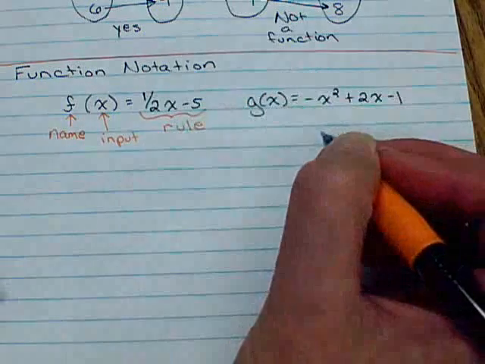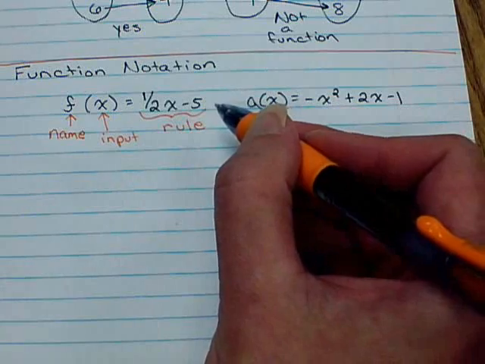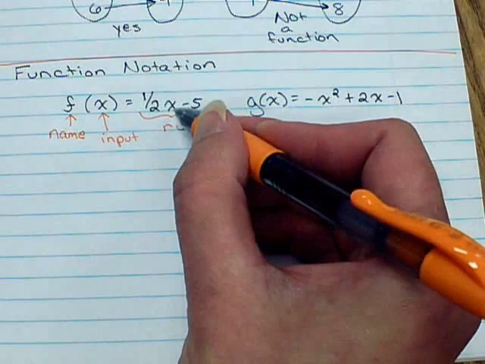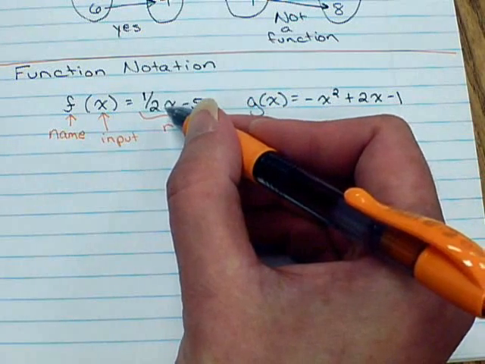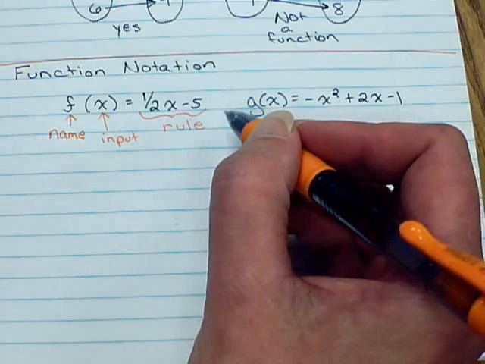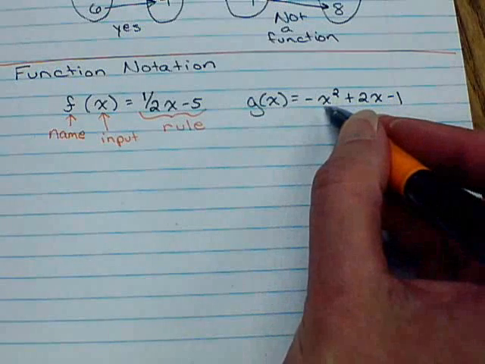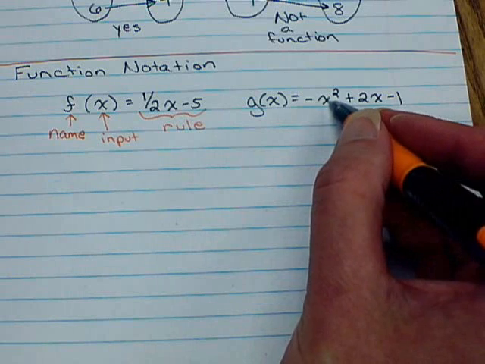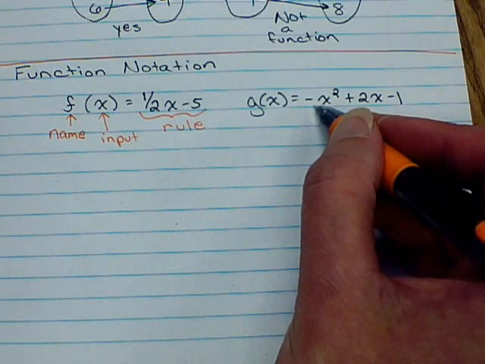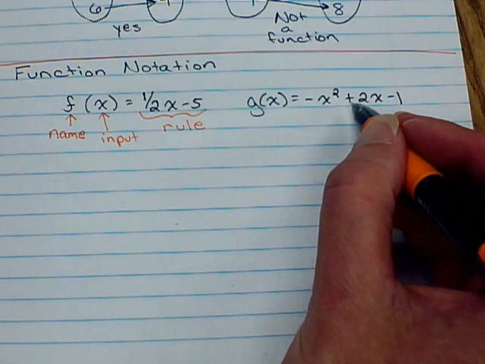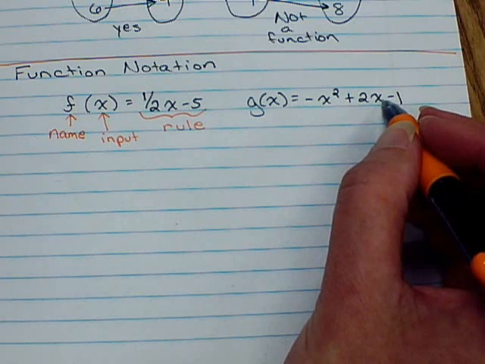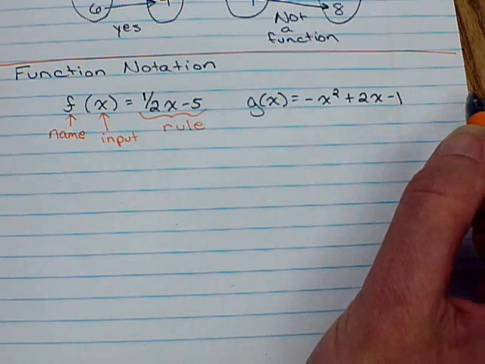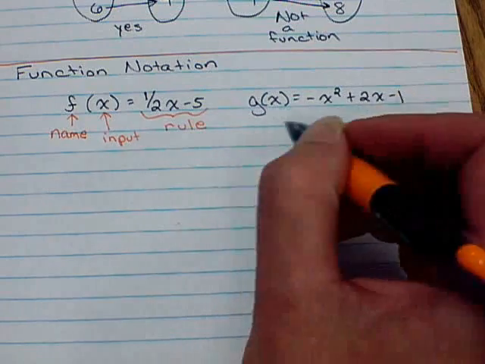So this rule says, for everything I plug in, I'm going to multiply it times 1/2 and then subtract 5. This rule says I'm going to take my input, square it, make that negative, add to that 2 times that input, and then subtract 1. So remember, this is just telling you what the input is.